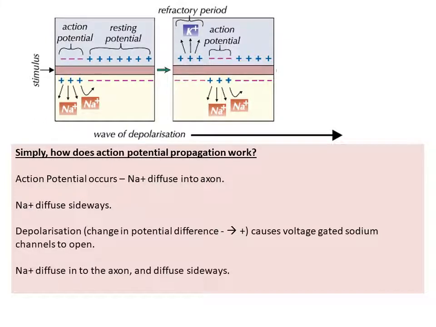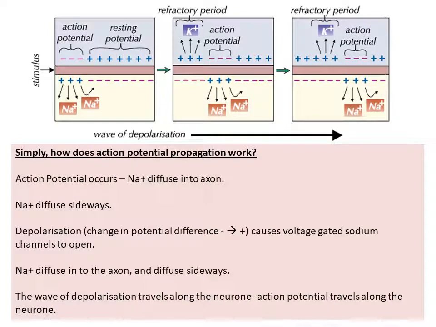As those sodium channels open, those sodium ions diffuse in, and they also diffuse sideways and affect the next sodium channels that are nearby. In that way the action potential is moved along the axon.